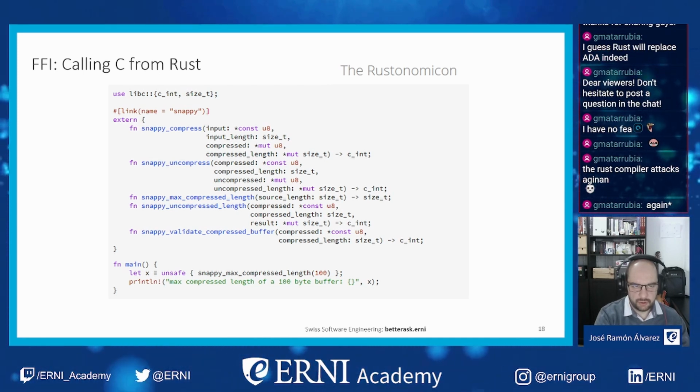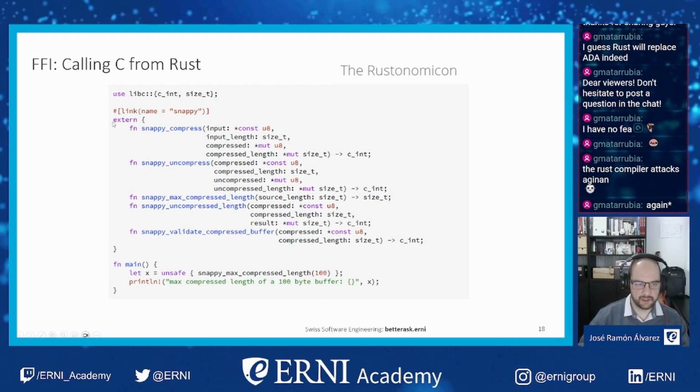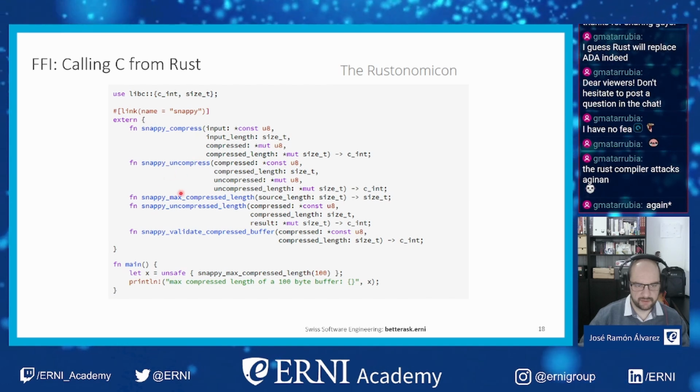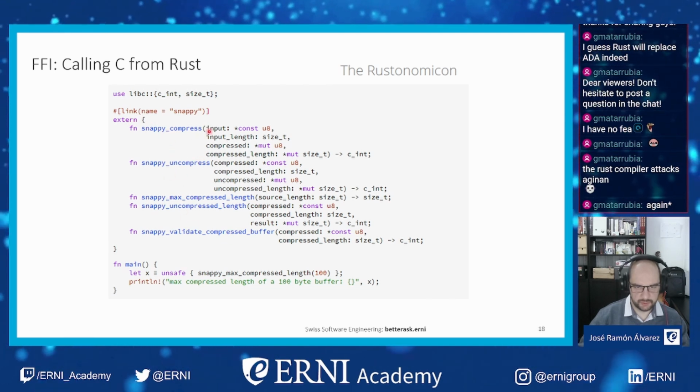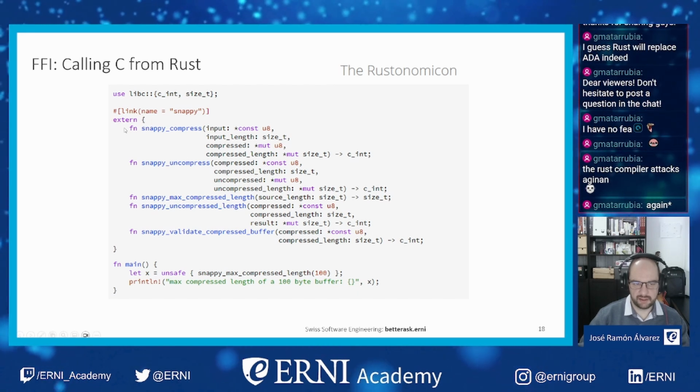If we want to call, for example, C code from Rust, it's very easy. We need to define an interface of the function that we want to use. Those are the signatures. This is very similar to a header file.